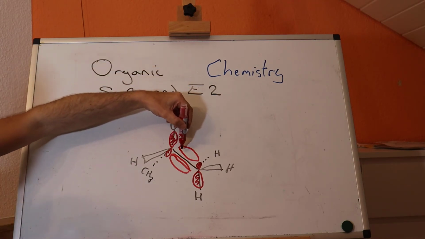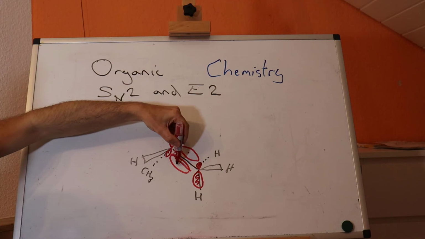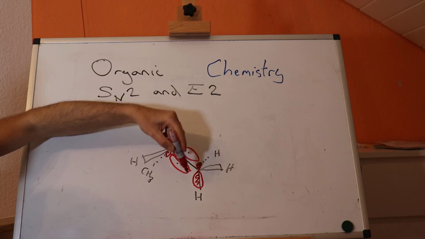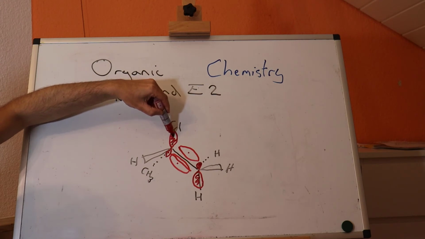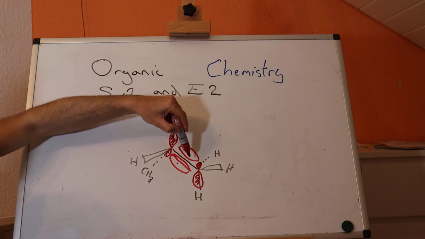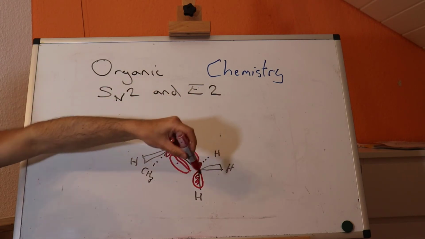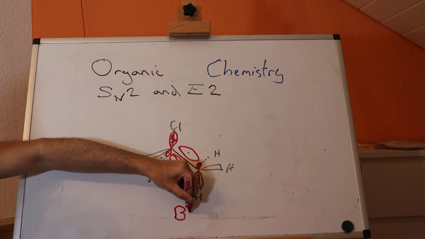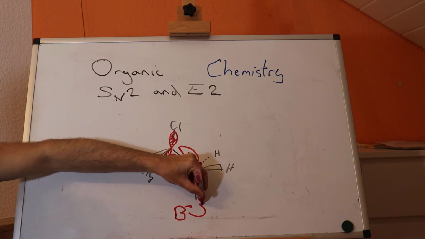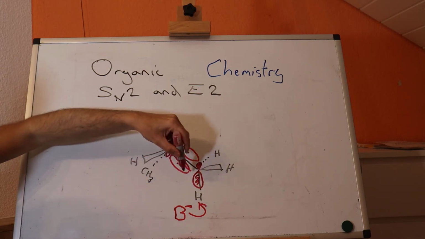We need an electron density on this side of the single bond, and we need electron density on this side of the single bond, and that's going to come from here, and it's going to come from here. So those are going to go in, or in this case, we're going to take a base. The base is going to donate electrons into the hydrogen.